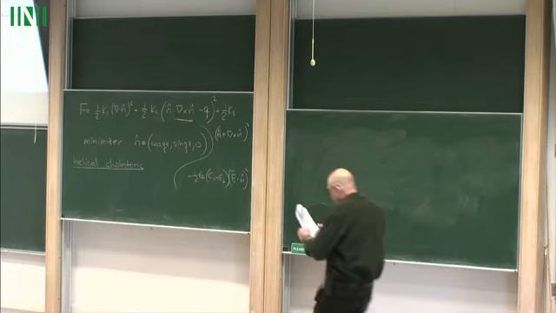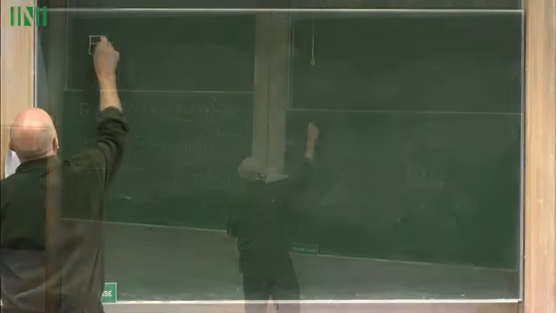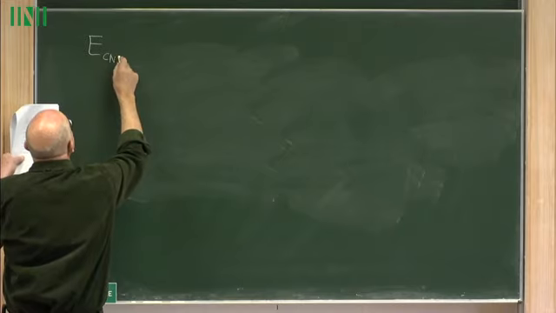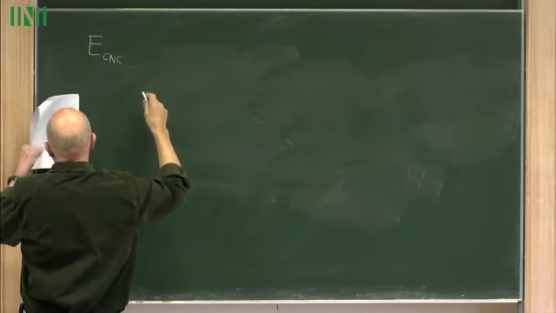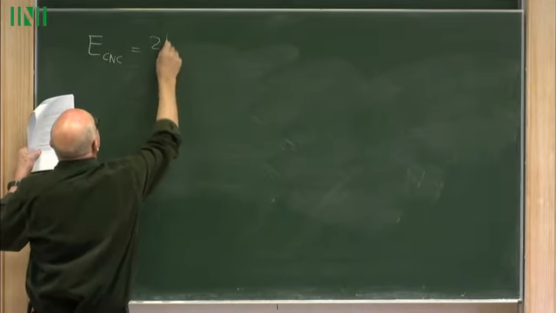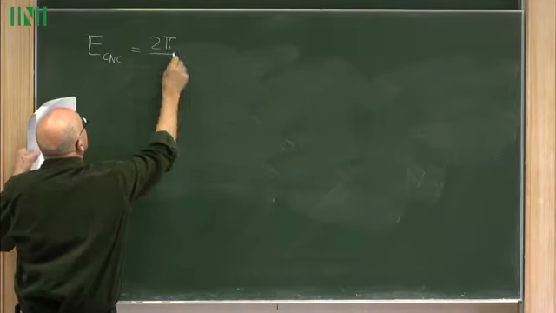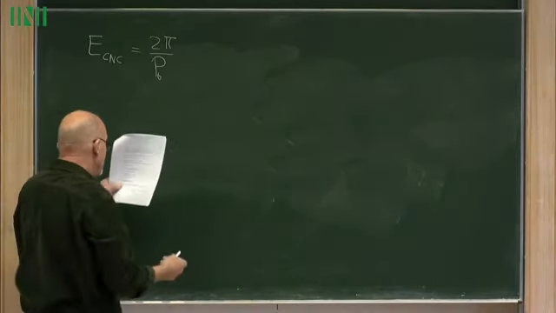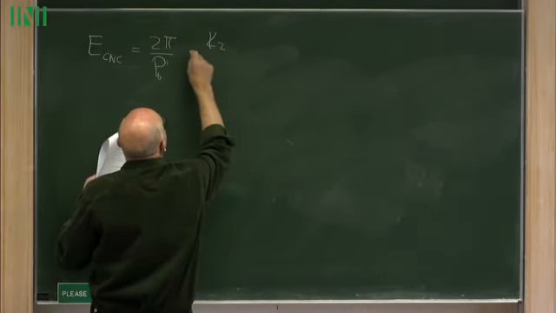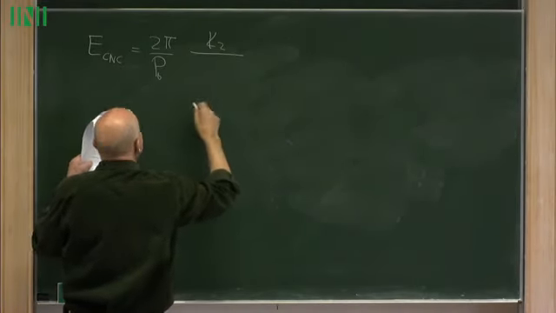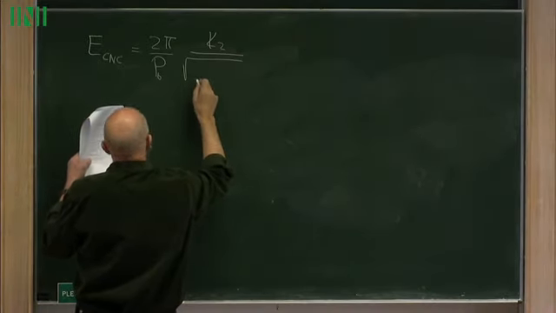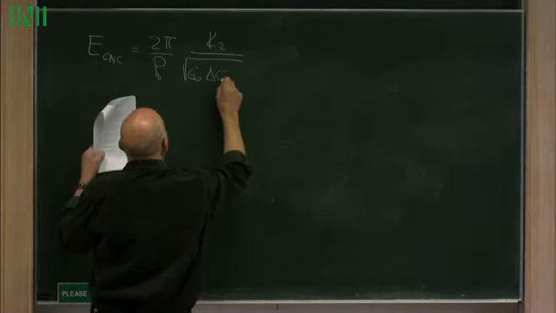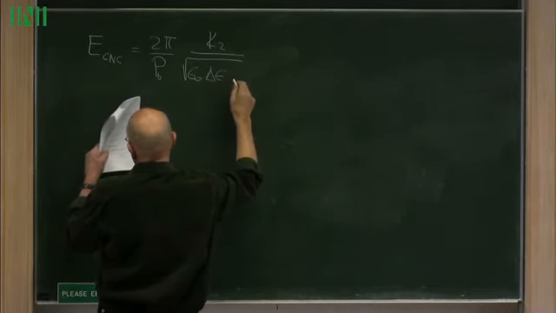There's a critical field, in going from the unwound nematic to the cholesteric, and this critical field is 2 pi over P naught, where P naught is the pitch in the original cholesteric, times the square root of K2 divided by epsilon naught delta epsilon, times K3.